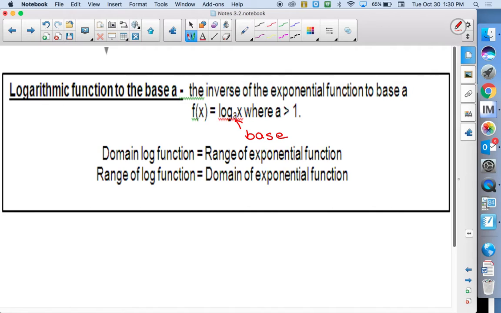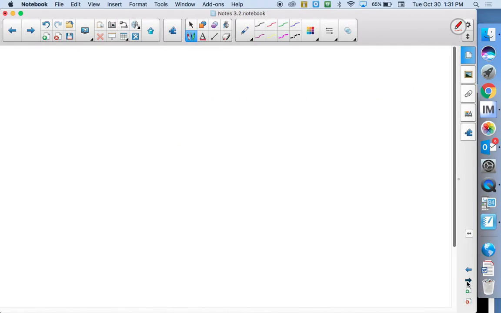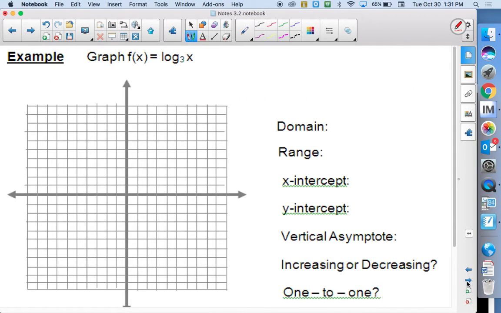So underneath, as a reminder, the domain of the log is the range of the exponential function because they're inverses of each other. The range of the log is the domain of the exponential function because they're inverses of each other. So using these facts, we are going to try and graph y equals, or f of x equals, log base 3 of x.